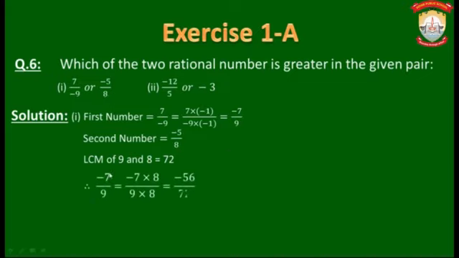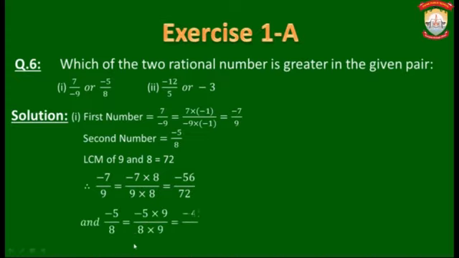In the third step we have to make the denominators of all rational numbers the same as the LCM. For that, we will divide the LCM by the denominator of the first rational number and the number so obtained will be multiplied with both numerator and denominator.